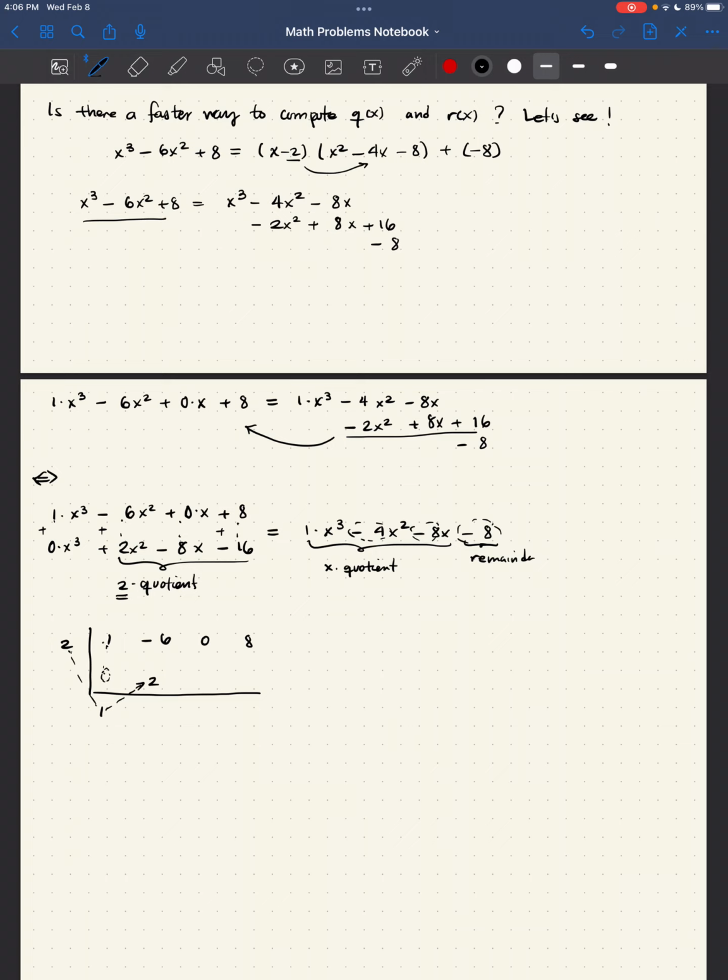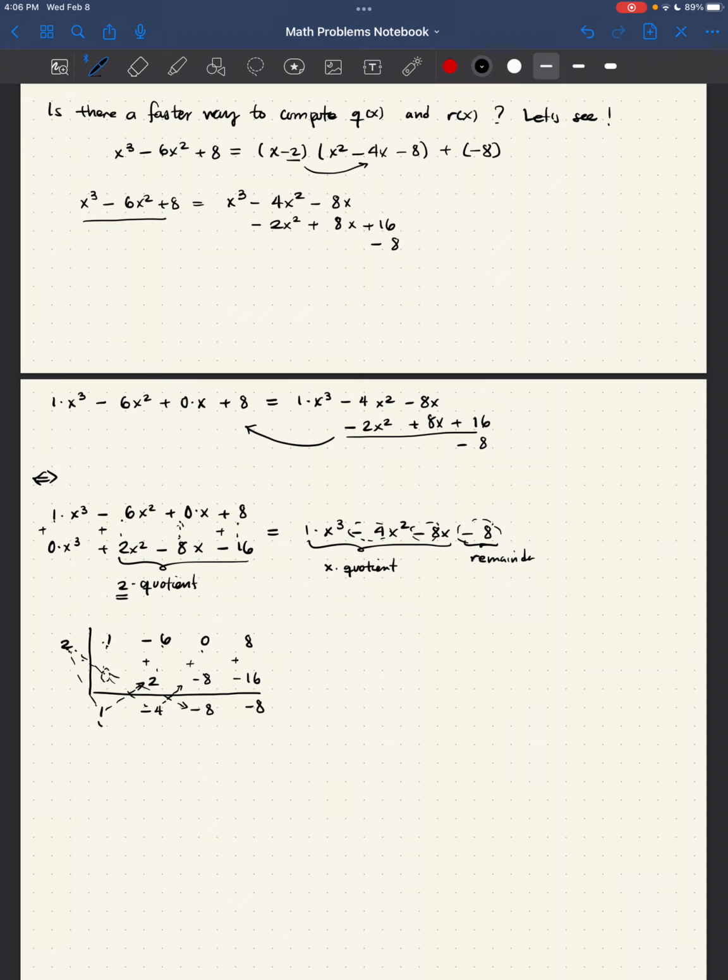Then I add this 2 and I get negative 4. And I repeat the process. Now I multiply 2 against the negative 4, and it passes over here to become negative 8. Now I add, and I get negative 8. Finally, I take this 2, multiply it against the negative 8, I get negative 16, I add, and I get negative 8.